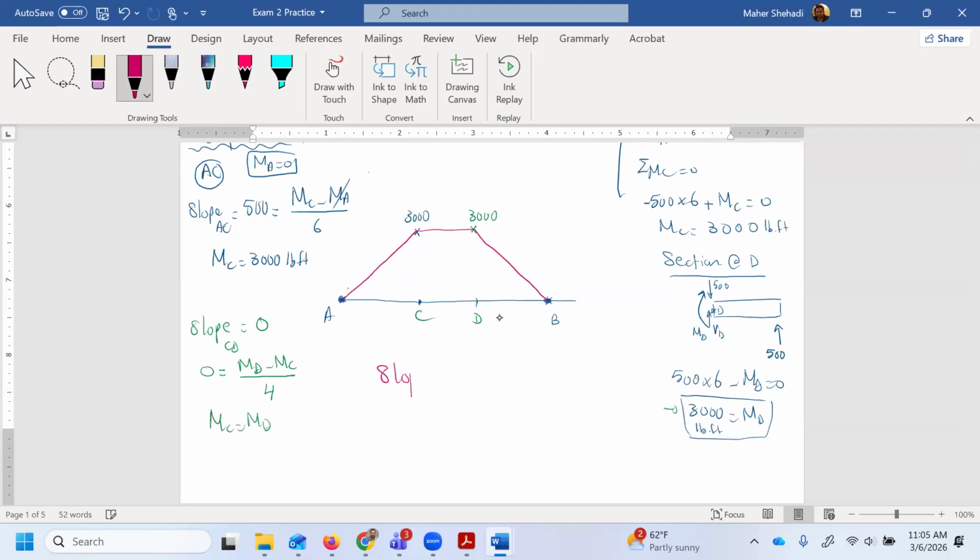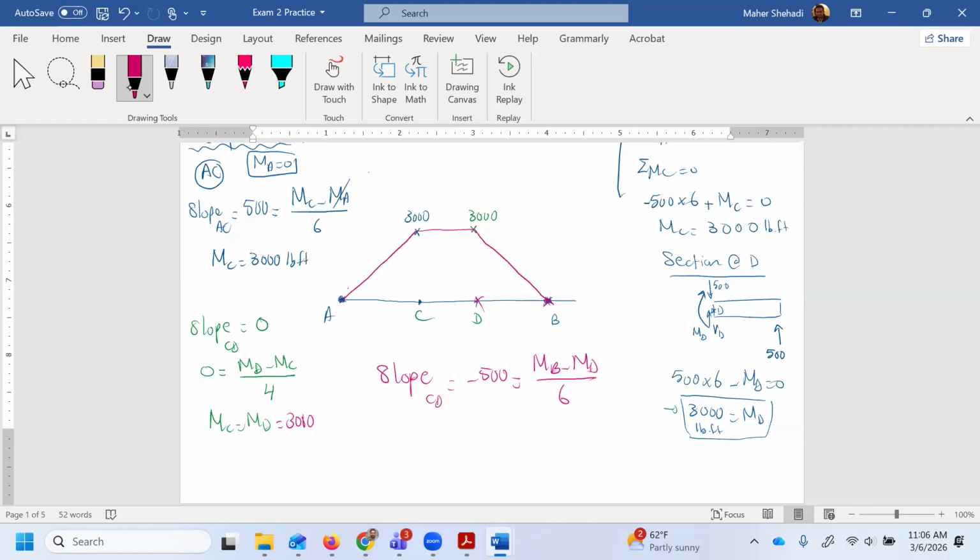So the slope for the last one, CD, we're saying it's minus 500, and that's equal to y2 minus y1, so it's MB minus MD divided by the distance, which is 6 feet. Now, how do we check? We already know MB is 0, because it's one of the two ends, so we can put 0 here and solve for MD and see if it's going to match this value.